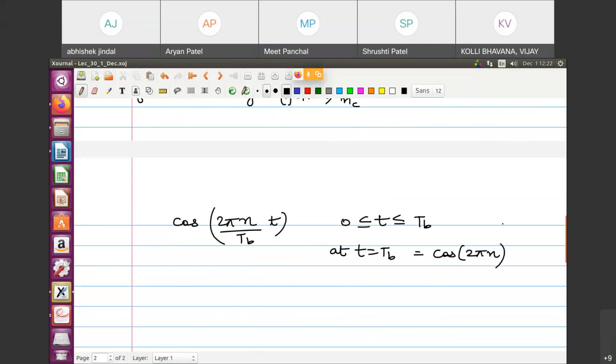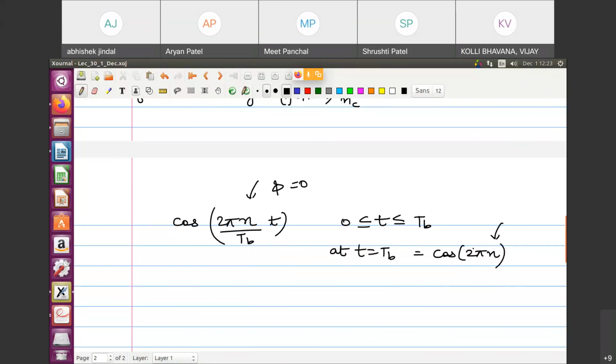So it means that it has undergone a rotation which is a multiple of 2 pi. It means it will now contain full cycles. I think it should be easy to understand. If you consider this as the angle, the angle starts at 0 and terminates at 2 pi n.